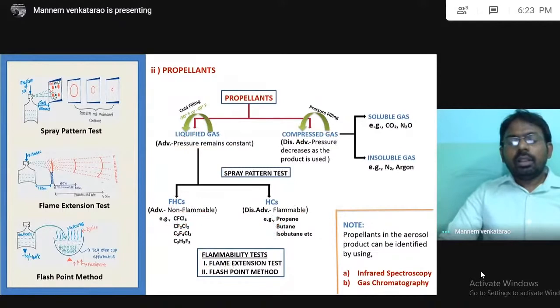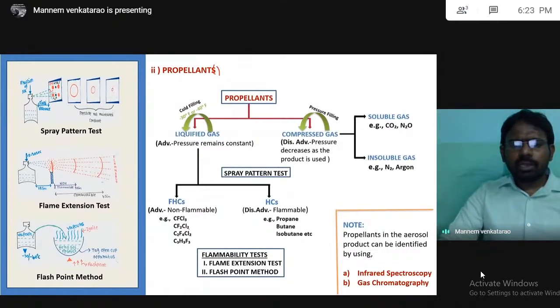Next. Already I told you, liquid phase containing propellant or a mixture of propellants. An example of this, hydrocarbons, is completed. Next, fluorinated hydrocarbons, for example, trichloromonofluoromethane and difluoromethane, because methane means CH4. This is called a hydrocarbon.